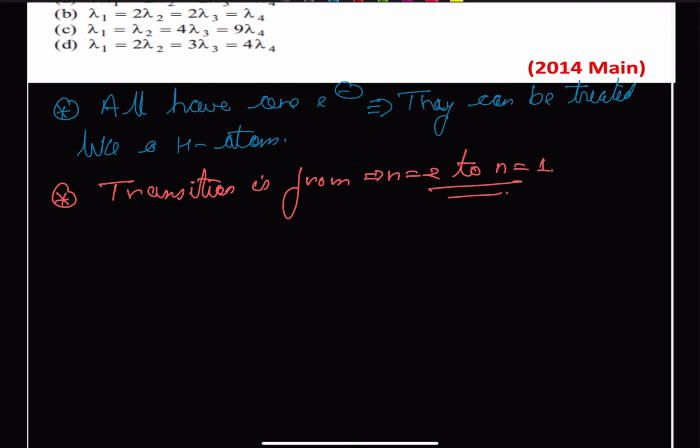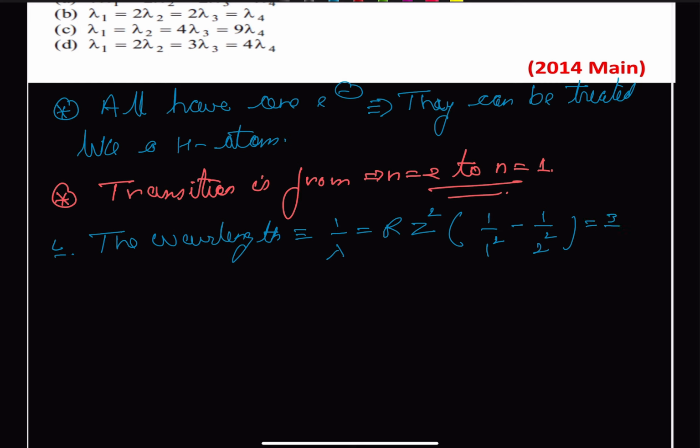Therefore we can say the wavelength can be written as 1 upon lambda is equal to Rz square into 1 upon 1 square minus 1 upon 2 square, and this comes as 3 by 4 Rz square.